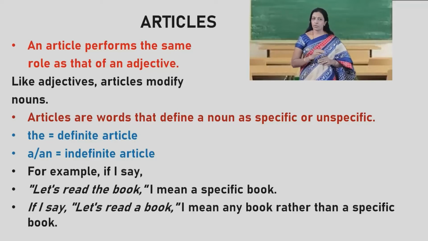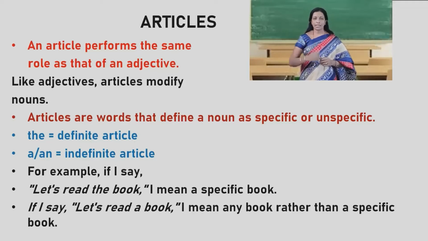That is, we are not talking about any book of this world, but we are talking about a particular book. It may be the book which we have purchased yesterday, or it may be a book which has been gifted by someone. So, when you are pointing out to a particular thing, then you use the article the.